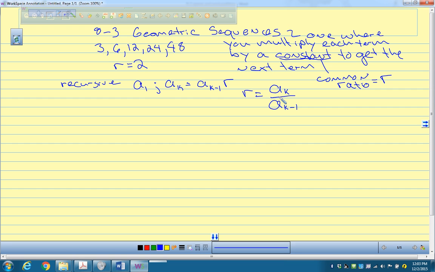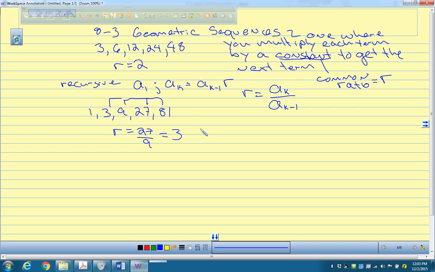So for example, what if I had this sequence: 1, 3, 9, 27, 81. What's R? 3. And to find that, you divide any two terms by the previous term. If they tell you it's geometric, you just have to do one. So 27 divided by 9, using this formula, is equal to 3.